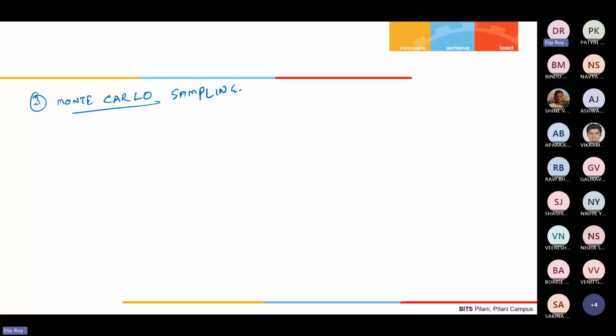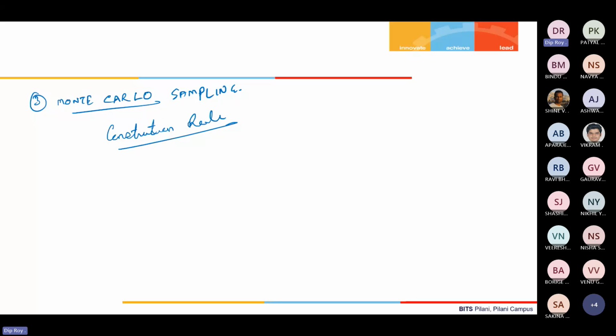So what does Monte Carlo sampling do? Monte Carlo sampling is basically the construction rule. What is meant by that? You had a Markov chain. Markov chain is just moving around in the space. The ultimate goal was to reach a stationary distribution.